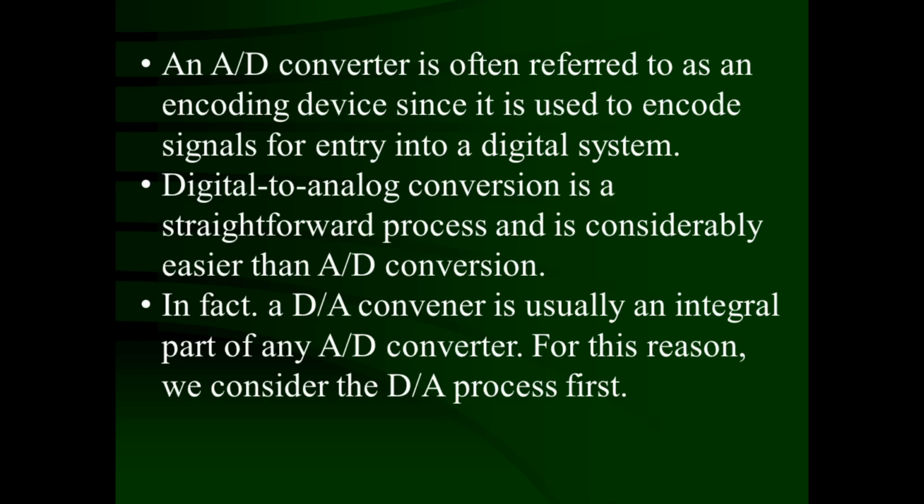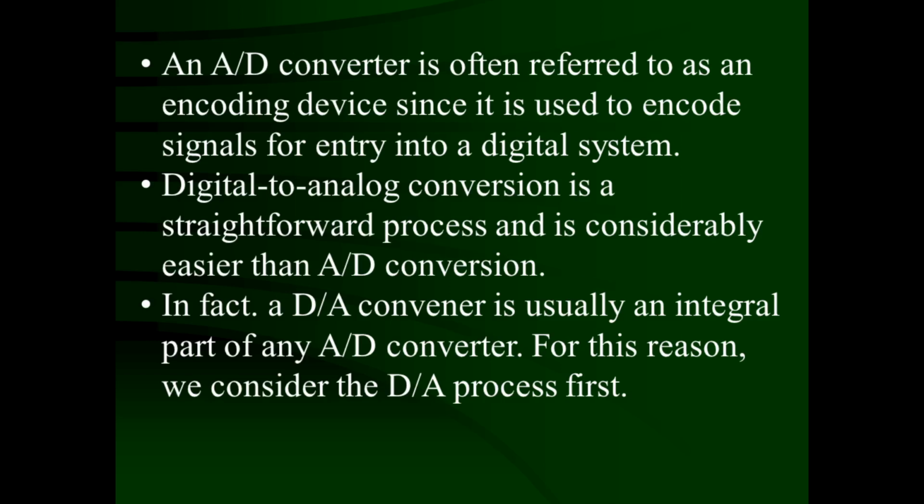D to A conversion can be done using a variable resistor network or binary ladder network, and to understand this circuit it is easier because you should know Ohm's law and certain Kirchhoff's laws. So you can calculate the analog output voltage from the resistive network. But A to D conversion is slightly complicated compared to that.